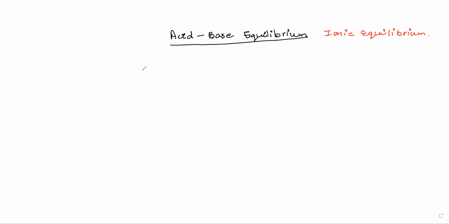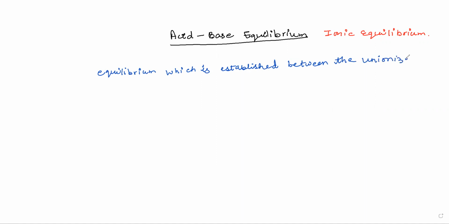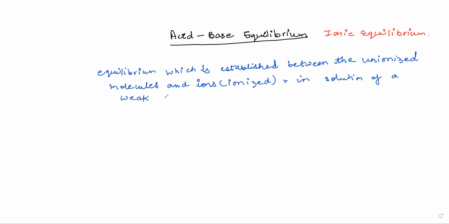Ionic equilibrium is basically the equilibrium which is established between the unionized molecules and ions, or ionized, in solution of a weak electrolyte.